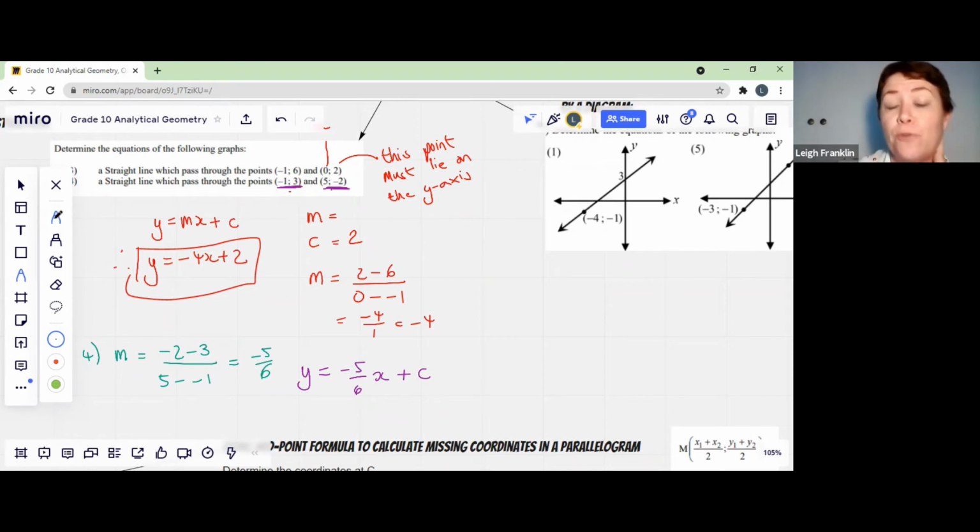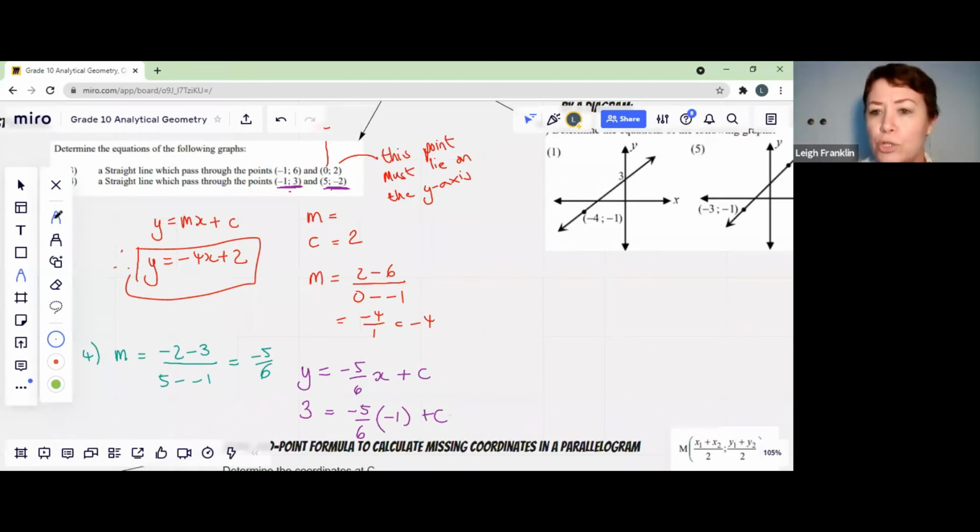So let's say I decide I want to use the first pair of coordinates. I know that x is -1 when y is 3. So I'm going to substitute 3 in place of the y, and in place of the x, I'm going to write -5/6 times -1 plus c.